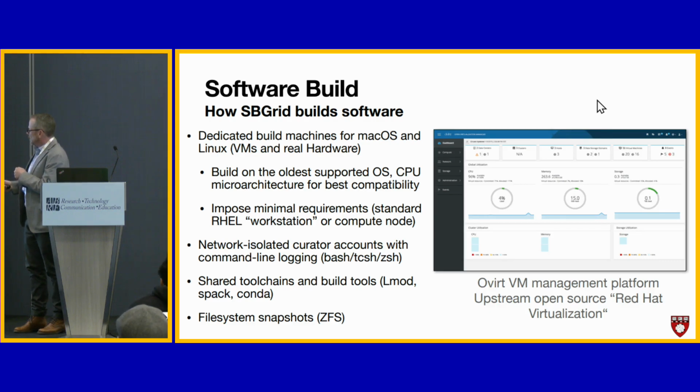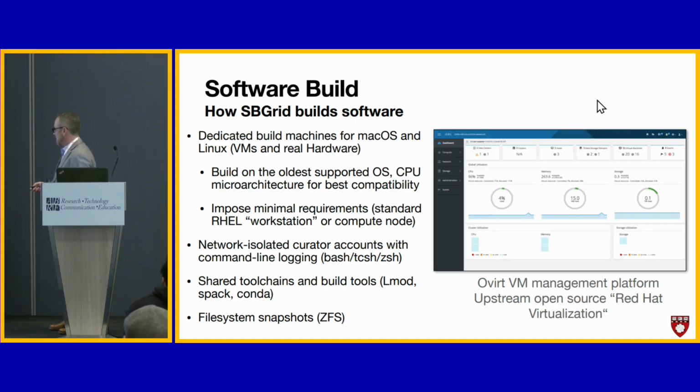We build on the oldest supported operating system so that it's the most compatible. Right now that's CentOS 7, which is ancient. It's 10 years old in June. So it's going to be end of life at the end of June, and we'll have to move on to Rocky 8, which is also still pretty old. But that gives us the best compatibility across operating systems.